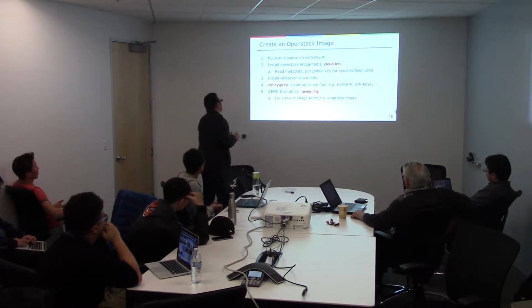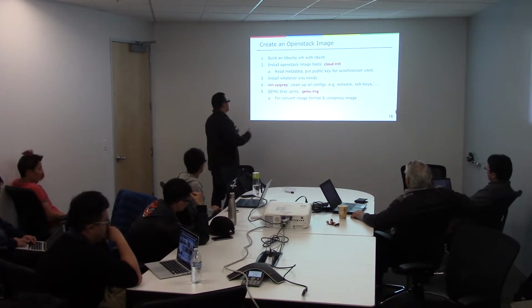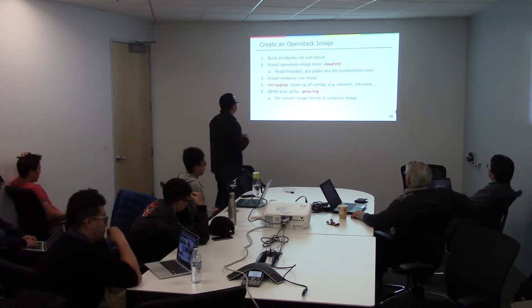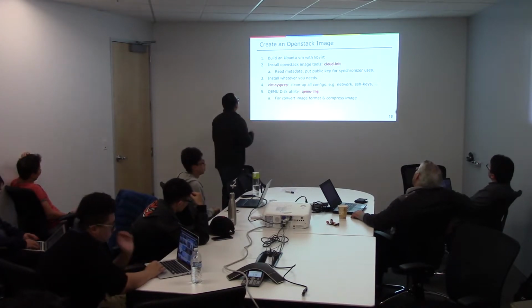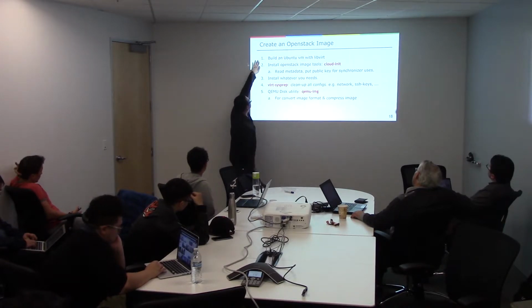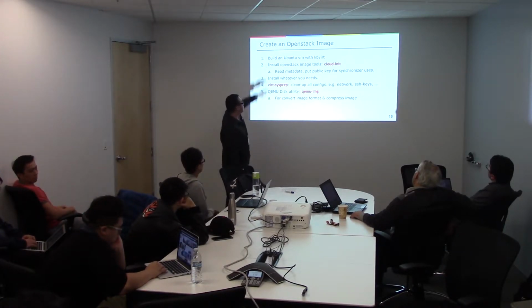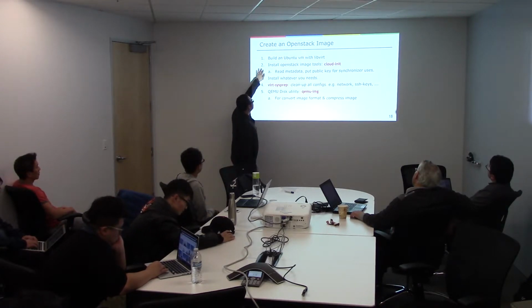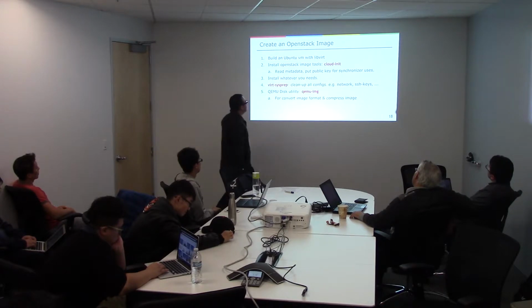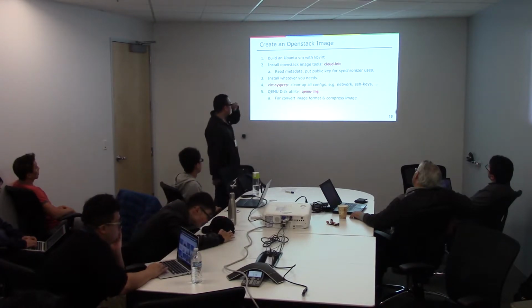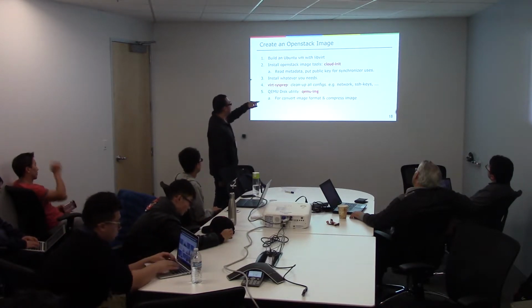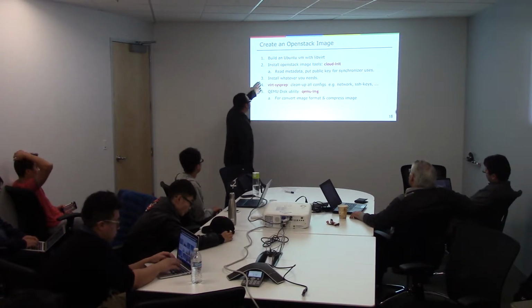Yeah. And if you want to do this, there is a little trick in there. This is a normal procedure. You need to build an Ubuntu VM. It is for the OAI EPC, right? And second, you need to install the OpenStack image tool called Cloud Init. This is for OpenStack.